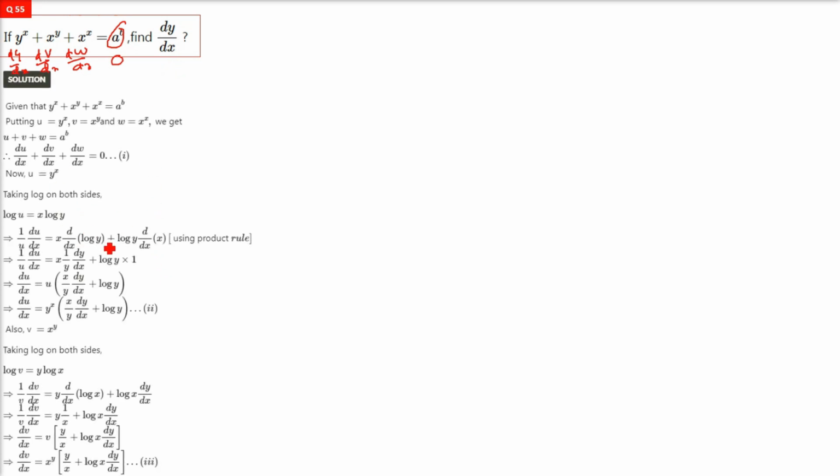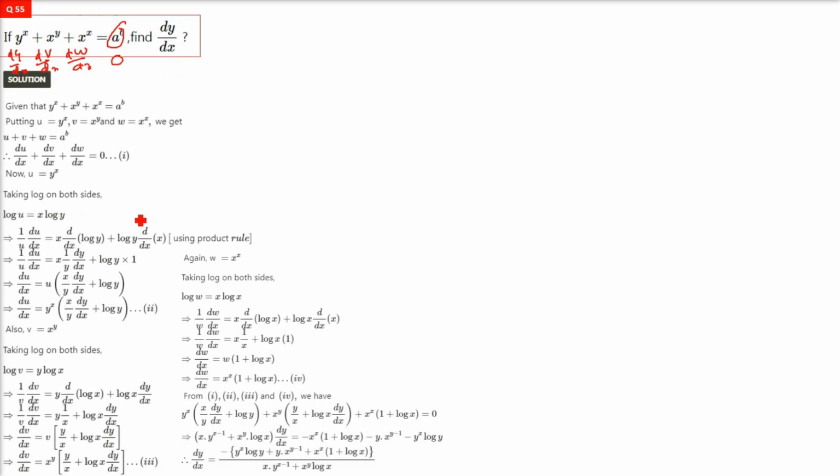This kind of question we have already done, all these separate parts we have already completed. But for the sake of completion, u is equal to y to the power x. Log u will be x log y. Differentiating, it will be 1 by u du by dx is equal to the derivative of x log y, which is x by y plus log y times d by dx of x, which is 1.